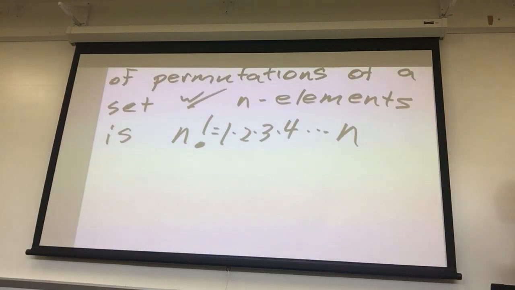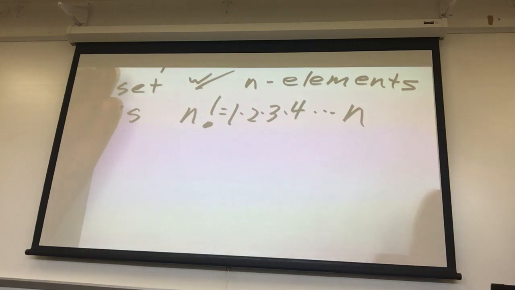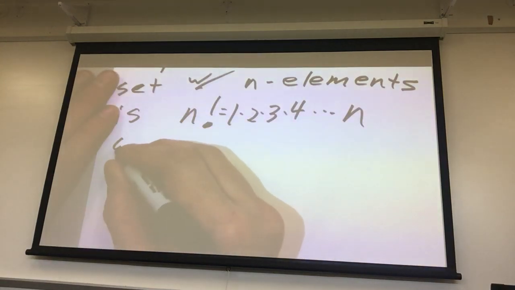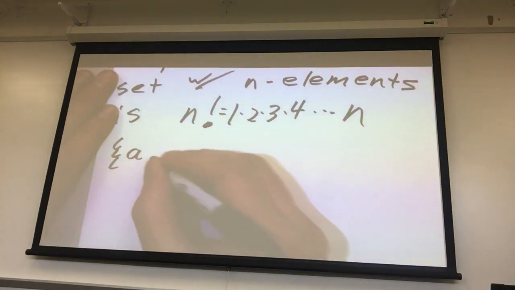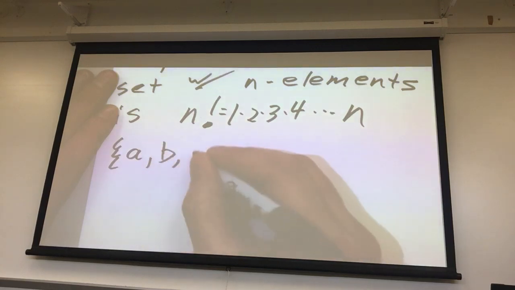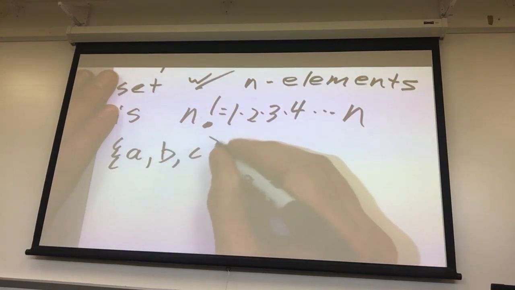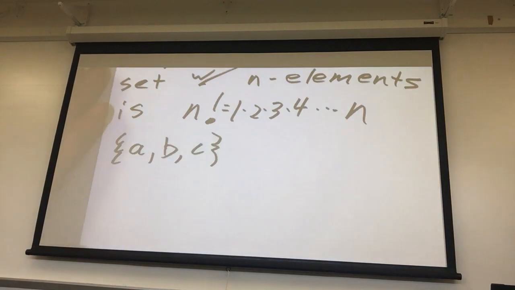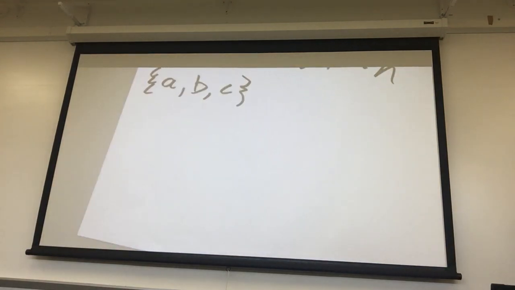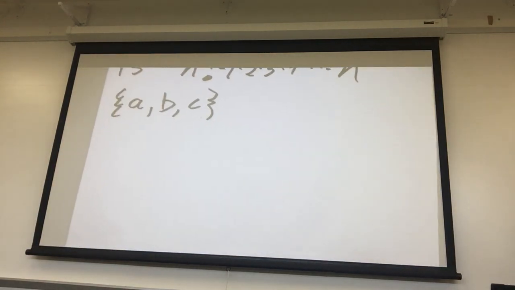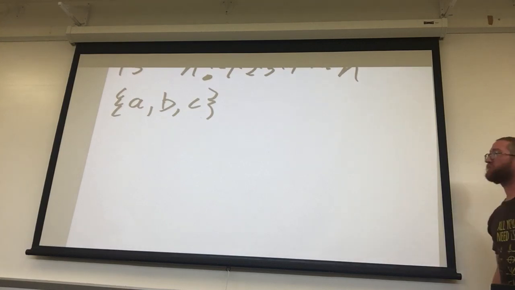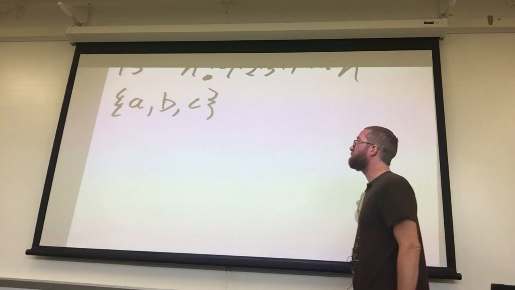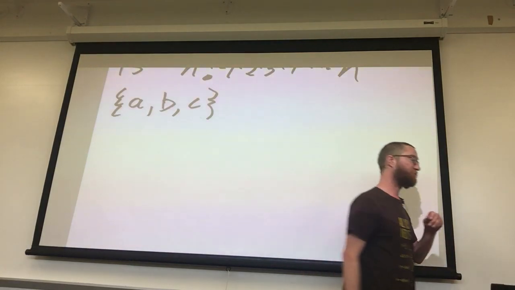So let's say we had a set with 3 elements, and we want to consider all possible permutations of this set.